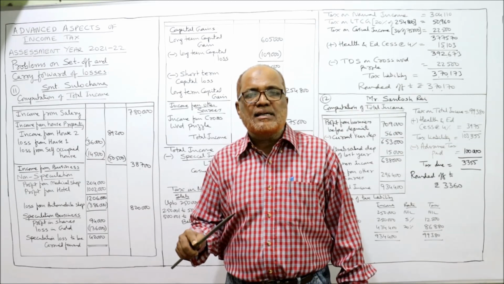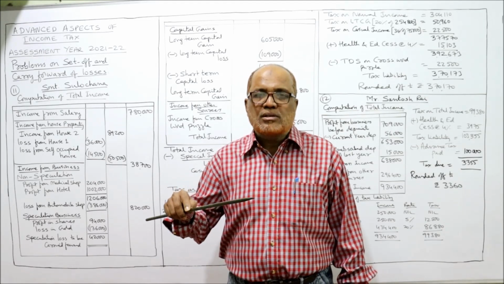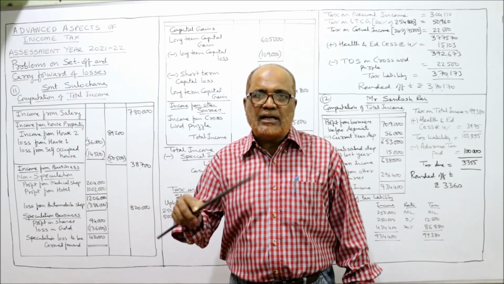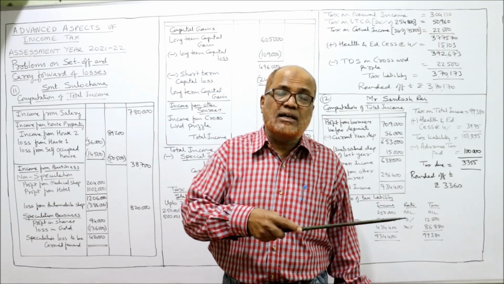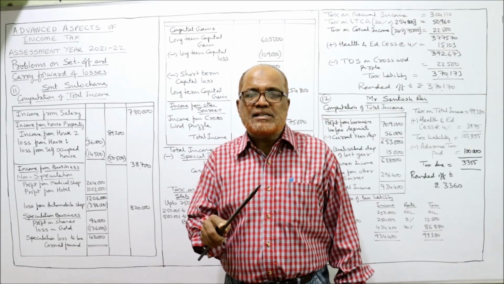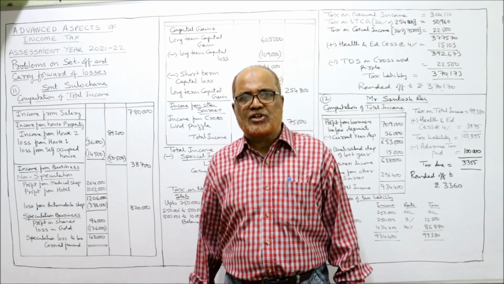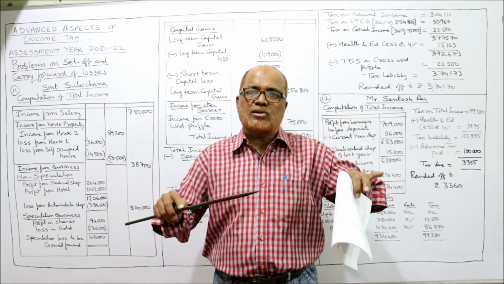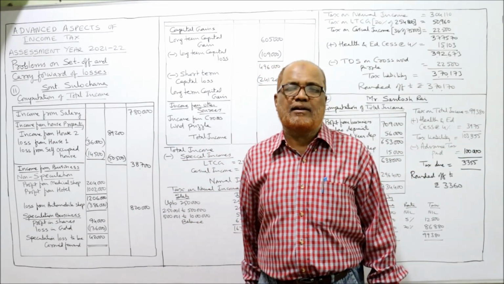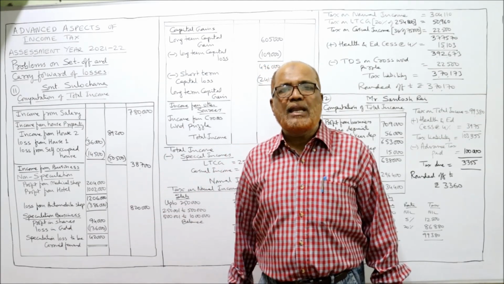But the Income Tax Act says, if there is a loss in the activity of owning and maintaining race horses, that loss cannot be set off from any other income. It can be set off only from profit of the same activity. Otherwise, it will be carried forward to the next year.